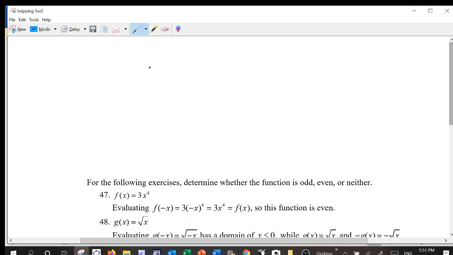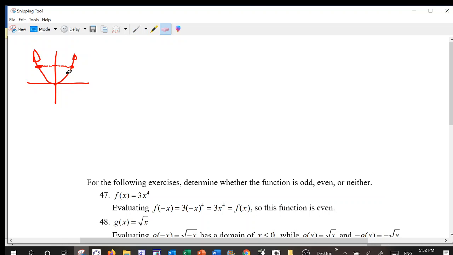So even and odd functions: basically, you have a function that is symmetric with respect to the y-axis. Symmetric means that if you pick any point on this graph and you connect it to the y-axis, you're going to find another point on the other side with the same distance from the y-axis.